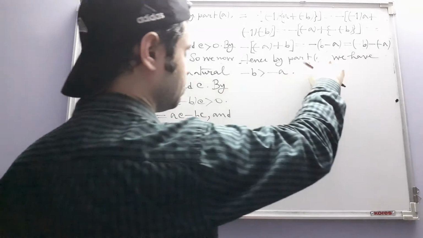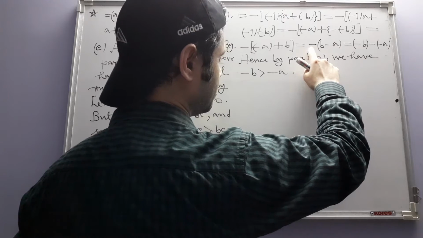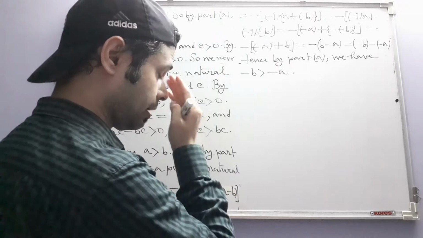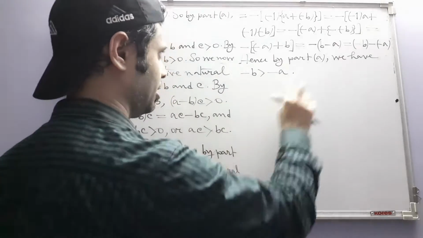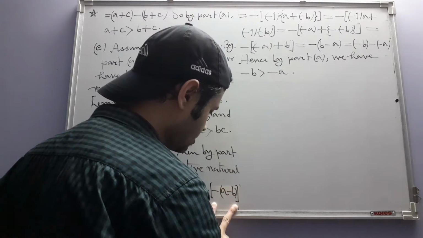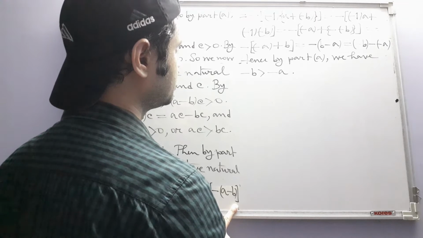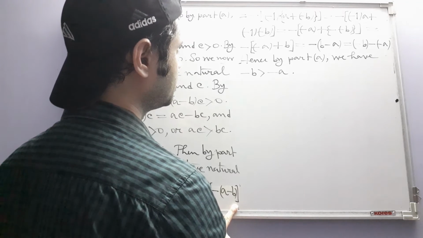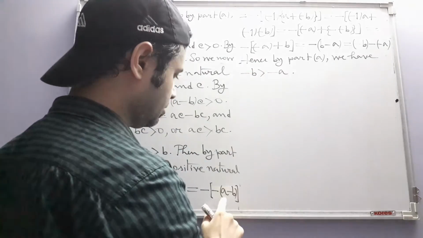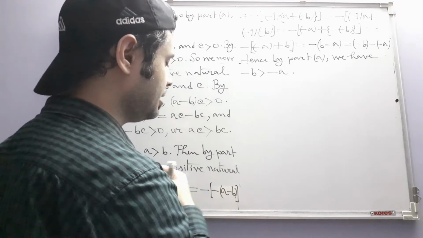Let me just see it once more if I have written it correctly. I have of course written it correctly, but I just want to make sense of what I have done here. In place of this, what we are writing finally, we are writing this one, that is B minus, oh yes, because their places get interchanged.